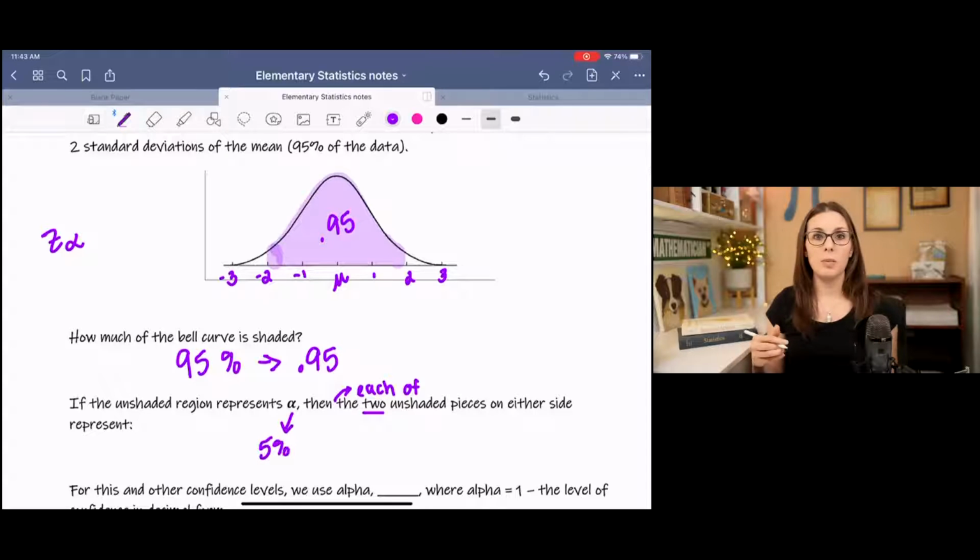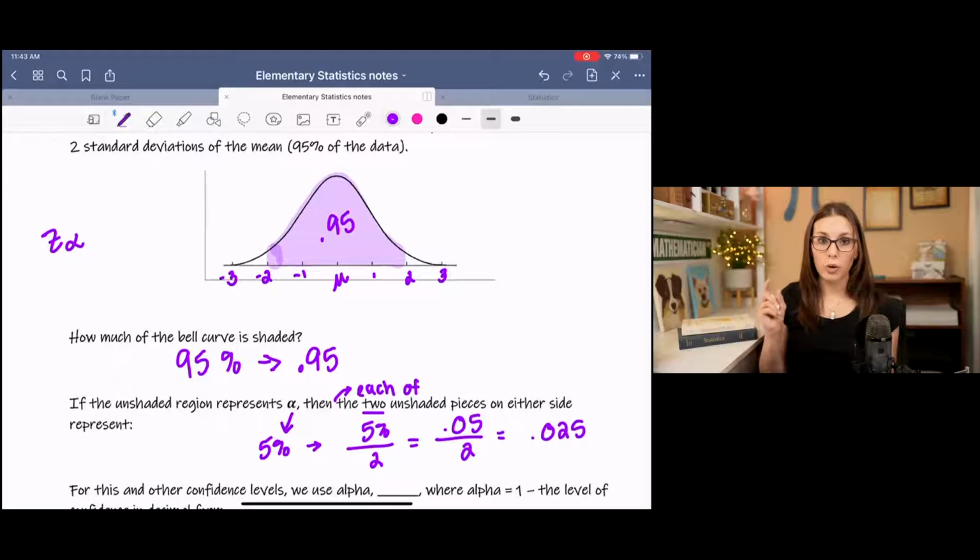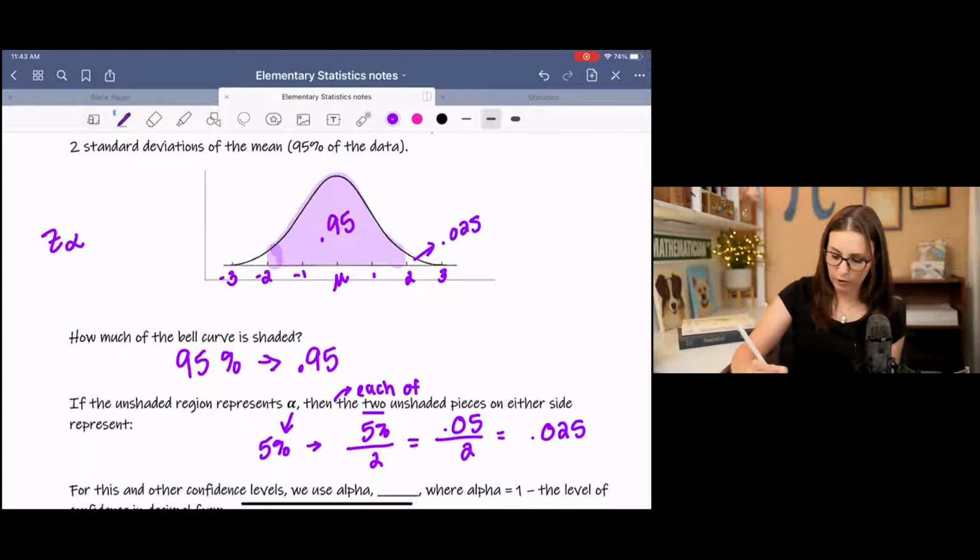But since we're talking about a confidence interval, we have 2 tails at the ends. So that's going to be 5% split into 2, which is 0.05 over 2, and that's going to be 0.025. So each tail is 0.025.